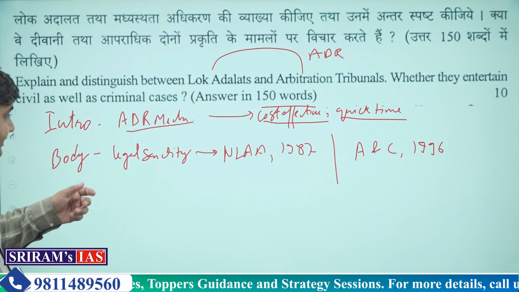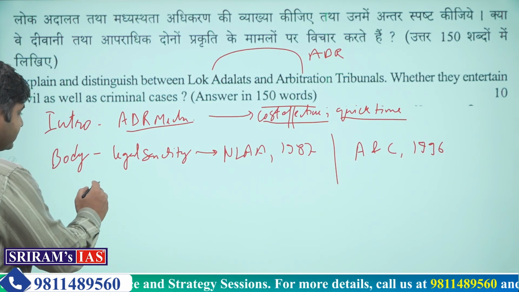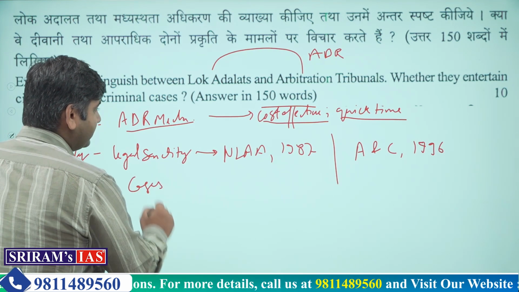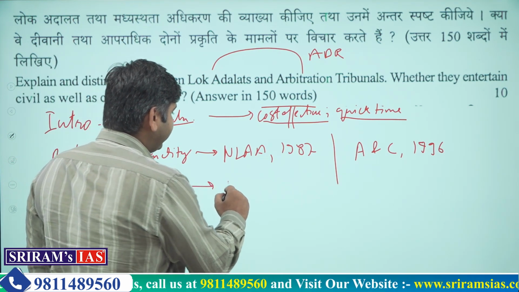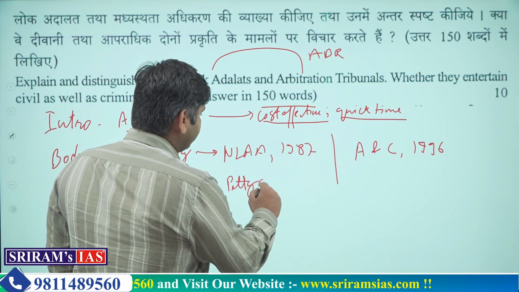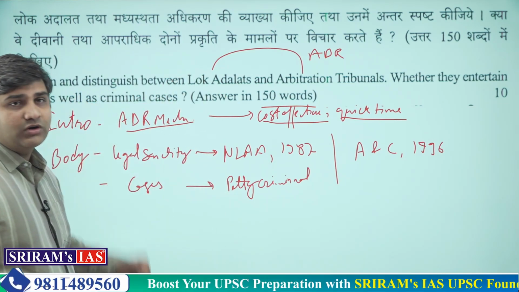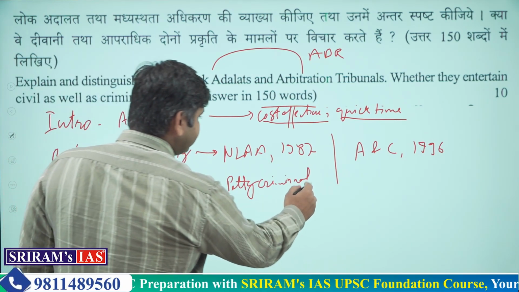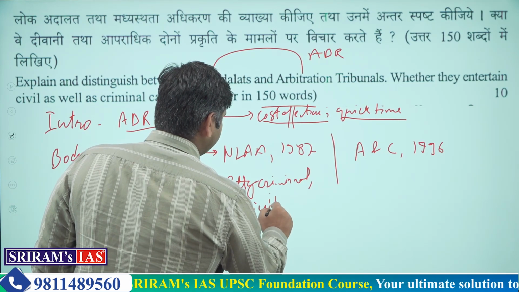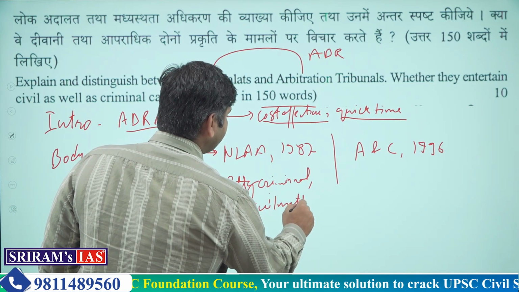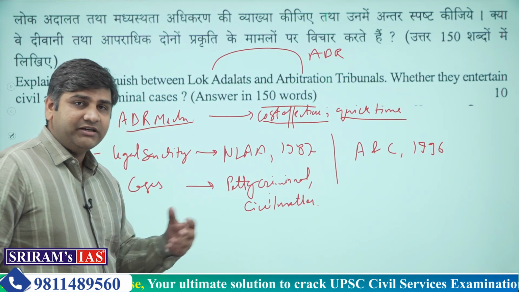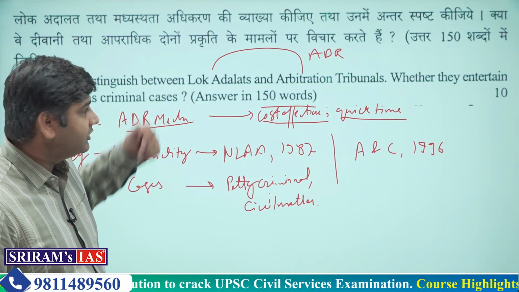Now once you know the legal sanctity, you should know what kind of cases does it solve. So all the petty criminal cases are solved by the lok adalats. At the same time, civil matters are seen. Civil matters of the nature of family dispute, land disputes are seen by lok adalats.